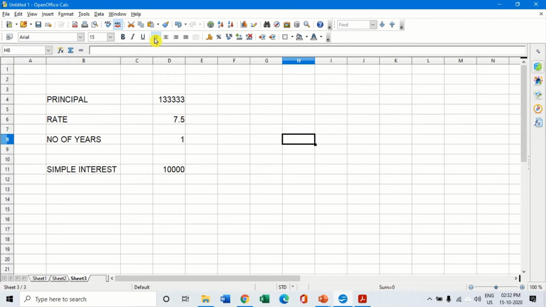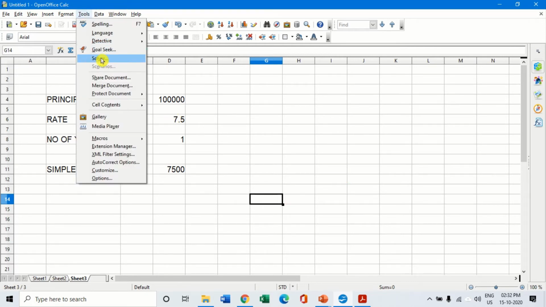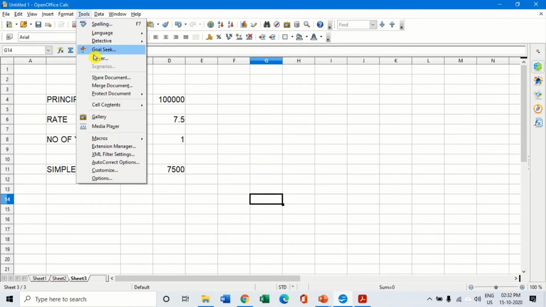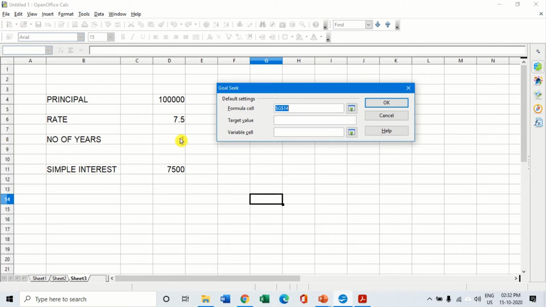Now let us do another one. Let us see if I want to get the same interest, but keeping the same principal, that is 1 lakh rupees, and I want to change the rate of interest. So again I click on tools, goal seek. My formula again is in the same cell.